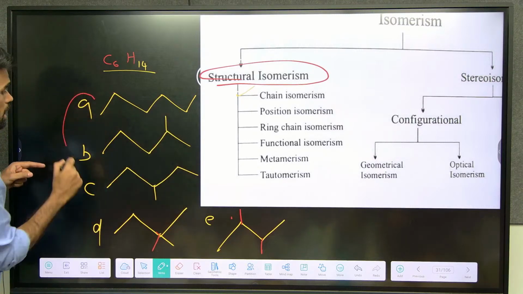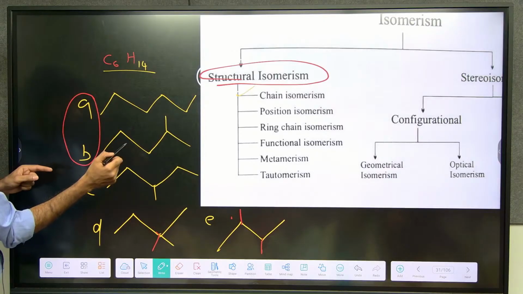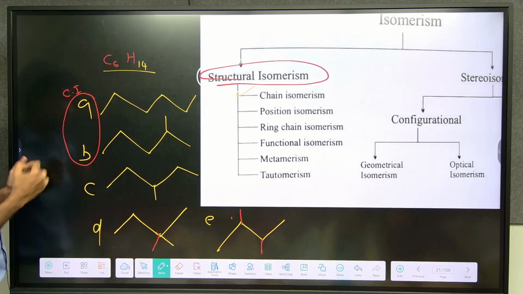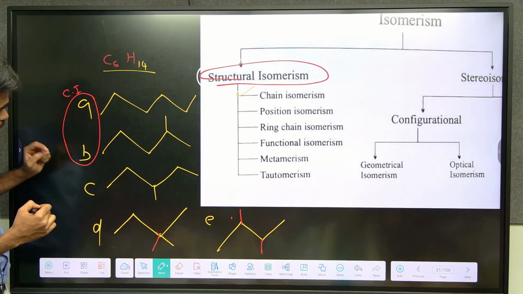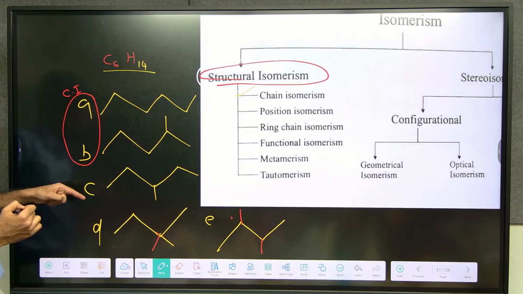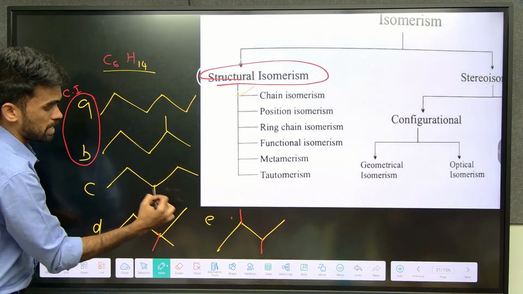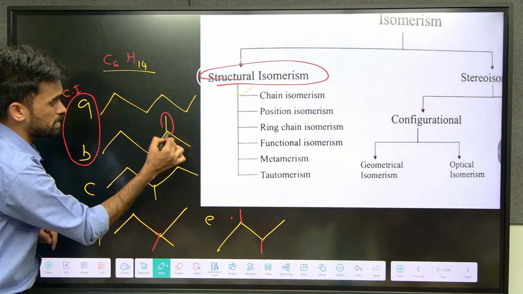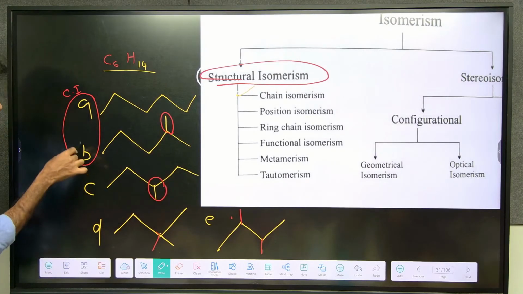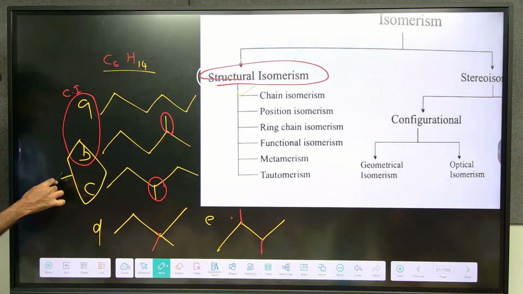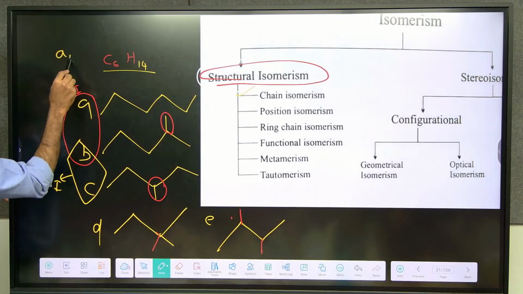So A and B differ in the chain, so they are chain isomers. Now tell me between B and C. Here 5 carbons in the parent chain, here also 5 carbons. But here it is 2-methyl, there it is 3-methyl. So B and C are positional isomers. Now what about A and C?